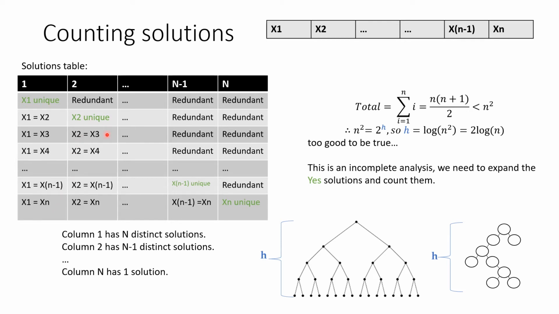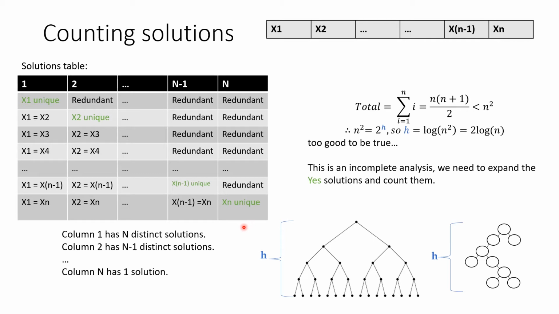But since we already covered the case for x1 being equal to x2, we can omit that question. So if we count all possible solutions, we end up with n distinct solutions for column 1, n minus 1 solutions for column 2, all the way to n with just one solution, which is the yes solution.